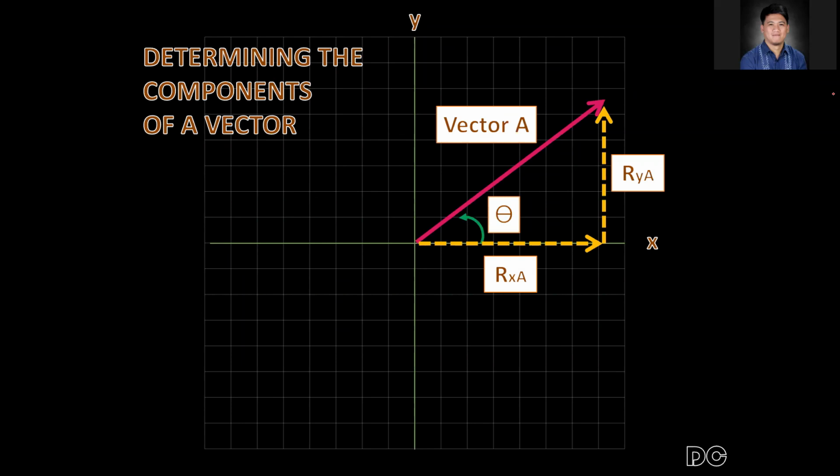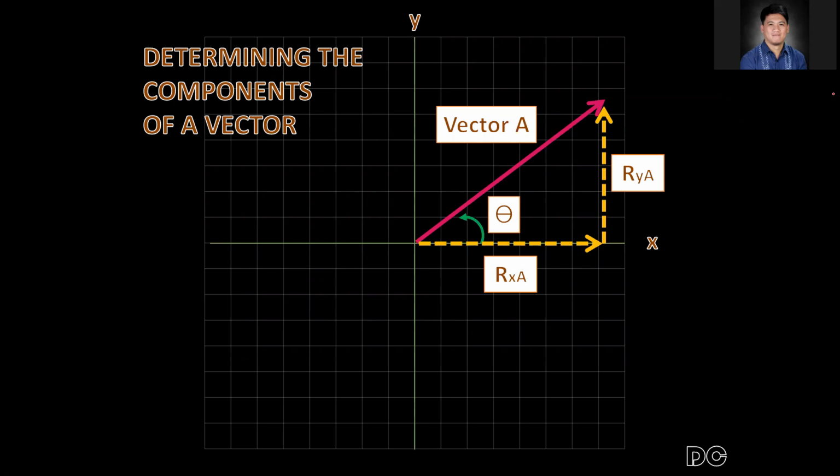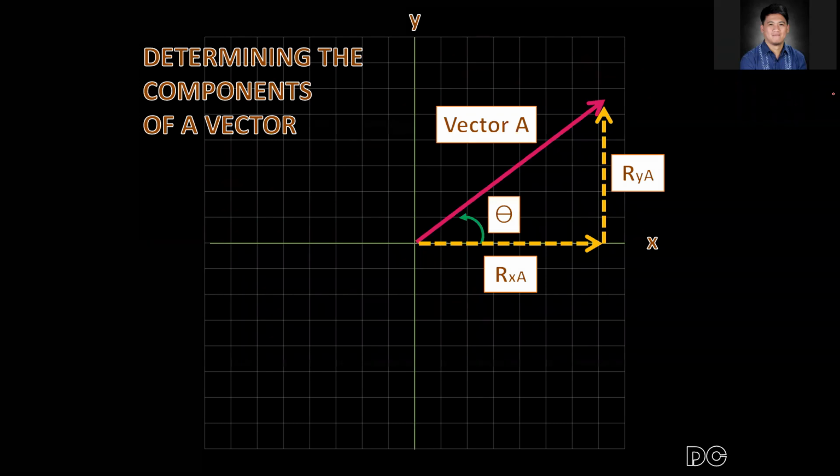Take note, our goal is to make a right triangle which consists of our vector, which is the hypotenuse, and the x and y component, which are the opposite and the adjacent side of our angle.